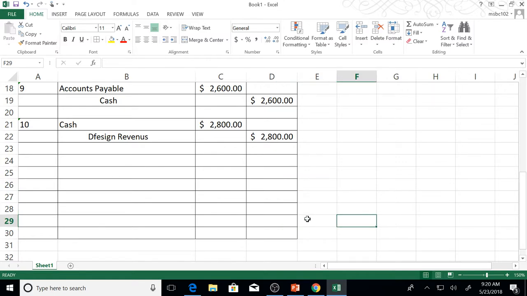So I have a new account which is design revenue. Debit, credit. This is revenue, the plus is on here, and the minus is here. And then the cash is increased by 2,800, and the design revenue increased by 2,800.